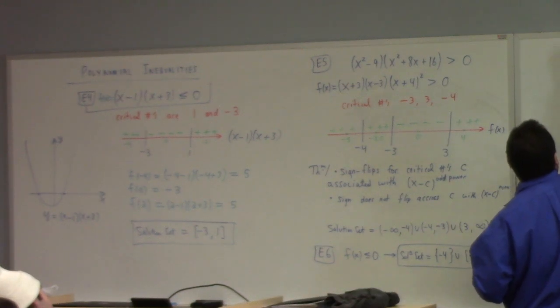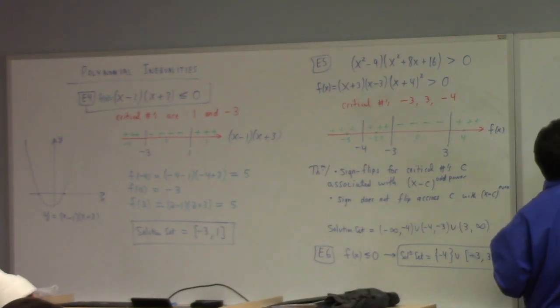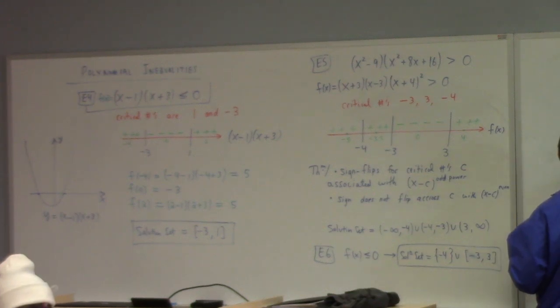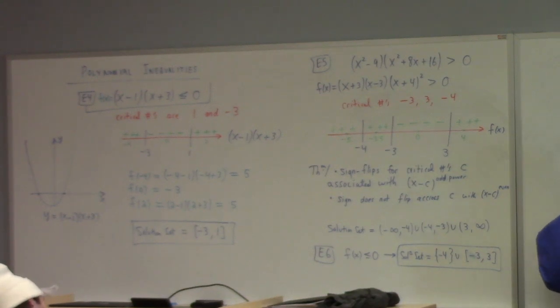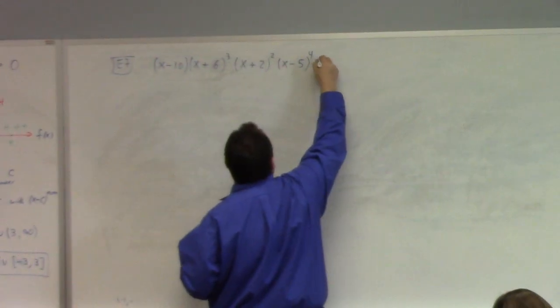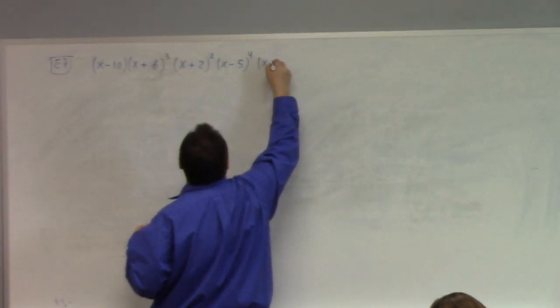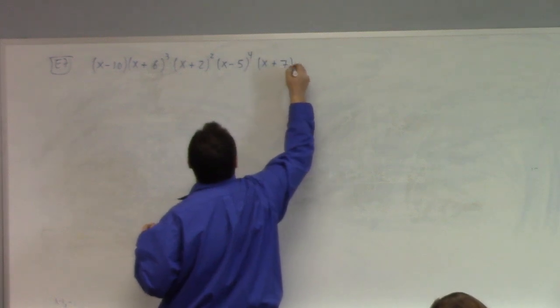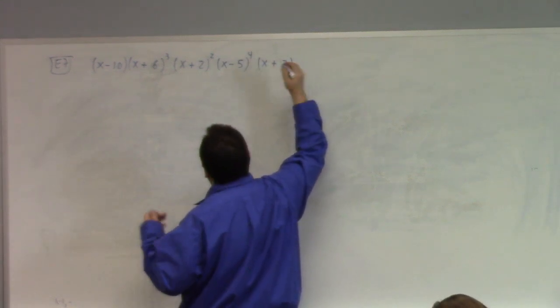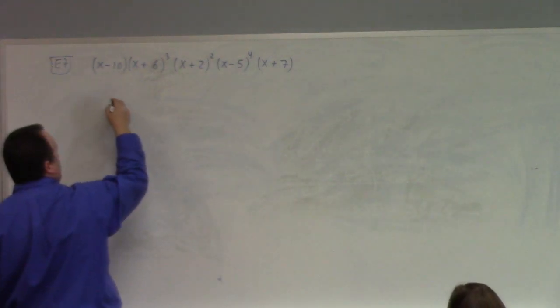What if I'm up against, gee, I don't know, x minus 10 times x plus 6 cubed, x plus 2 squared times x minus 5 to the 4th power times x plus, oh, I don't know, 7. There we go. So what are my critical numbers?